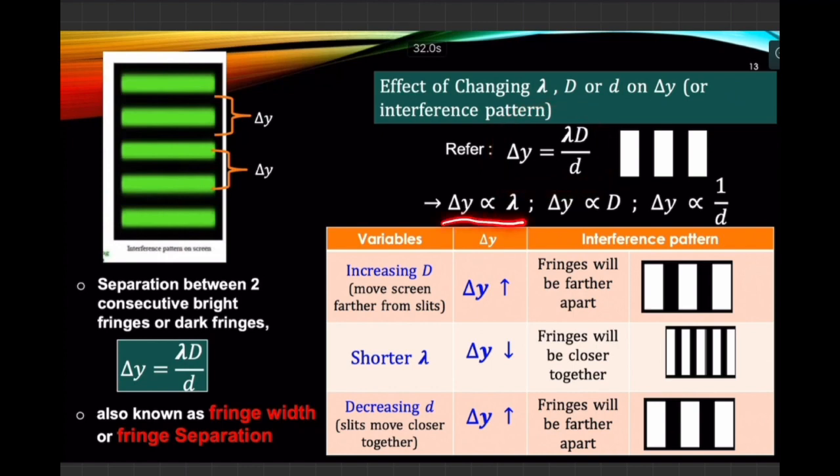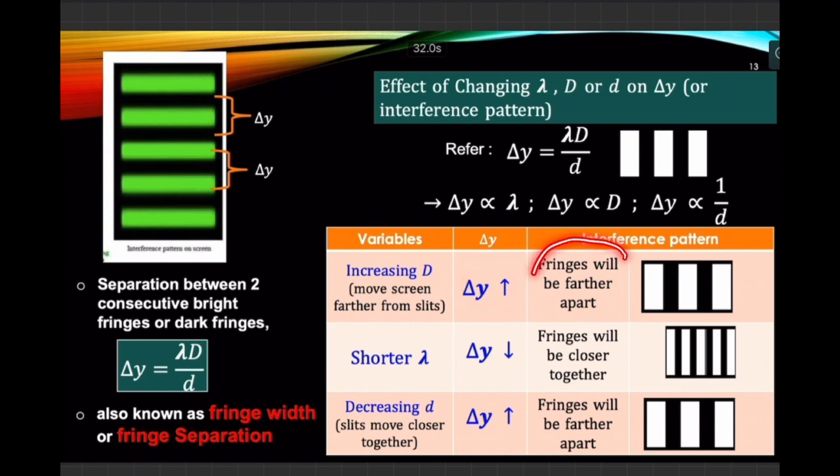Delta y is directly proportional to lambda and to capital D, and inversely proportional to small d. When we increase the d, delta y will decrease. What happens is when delta y is increasing, the fringes will be further apart.